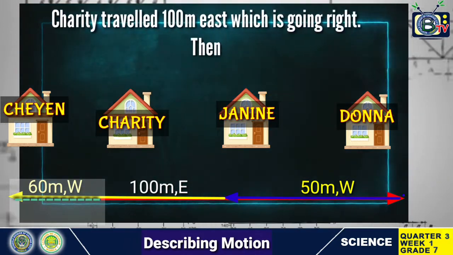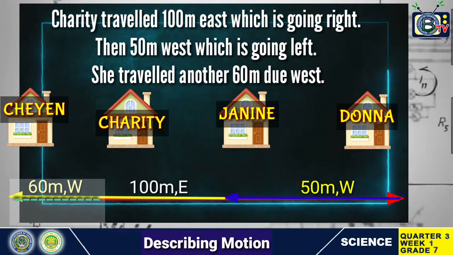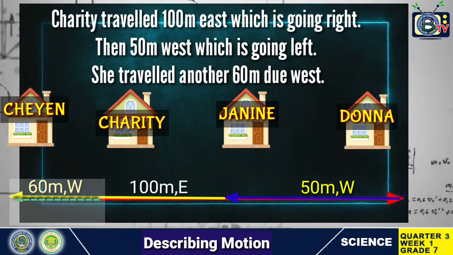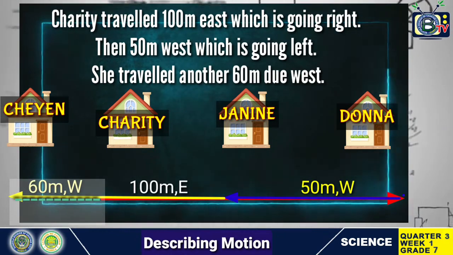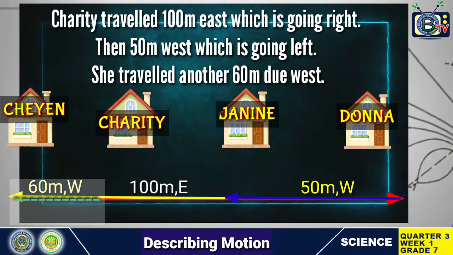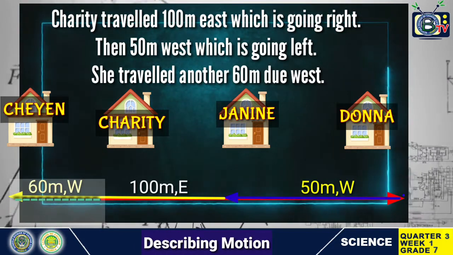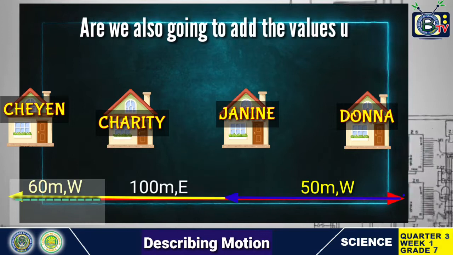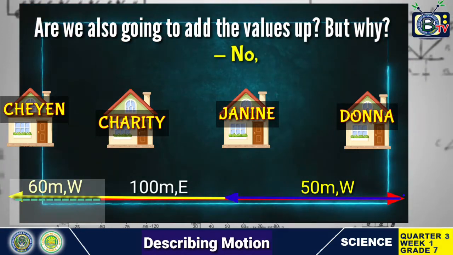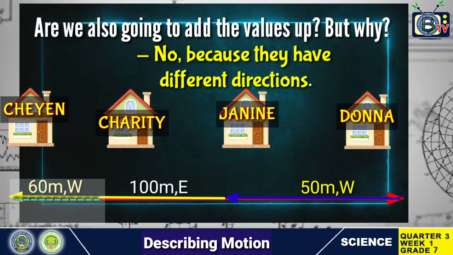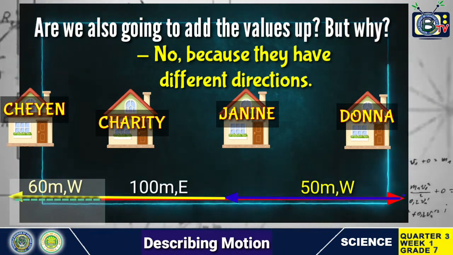Remember, Charity traveled 100 meters east, which is going right. Then 50 meters west, which is going left. She traveled another 60 meters due west. Are we also going to add the values up? No. But why? Because they have different directions.